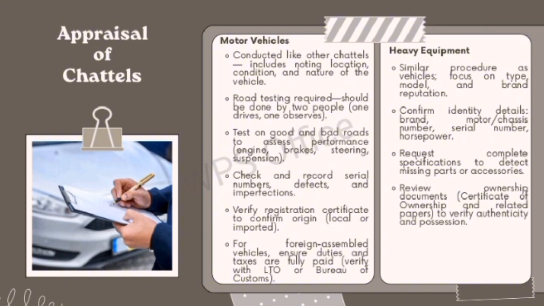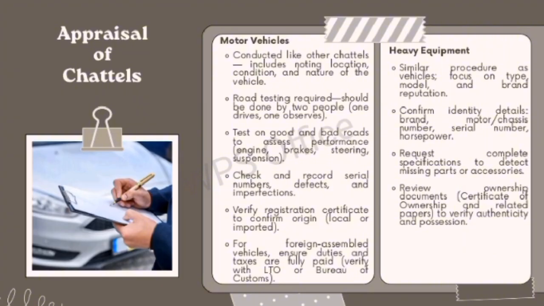When we say location, it is where the vehicle is situated. For example, the vehicle is parked in the downtown parking lot near the city hall. Condition is the current state or status of the vehicle, like new, old, broken, or functional.